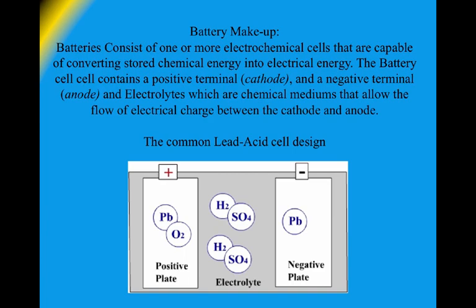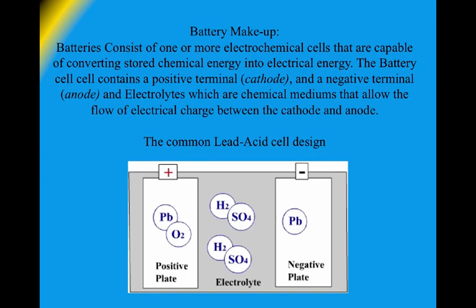Storage is based on what common elements are used to make up the battery. Batteries have very basic construction, and they are made up of cells. Batteries consist of one or more electrochemical cells that are capable of changing stored chemical energy into electrical energy.